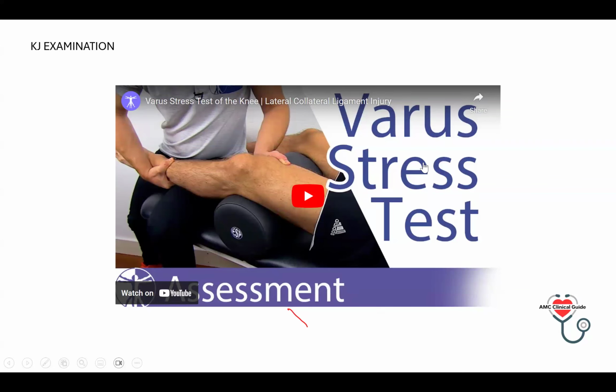So you are moving the limb with an adduction force, and you are checking the lateral collateral ligament. You hold with one hand above the knee, with the other hand below the knee, and you do the varus movement, checking the lateral collateral ligament. If there is any pain or laxity, it is suggestive of lateral collateral ligament injury.